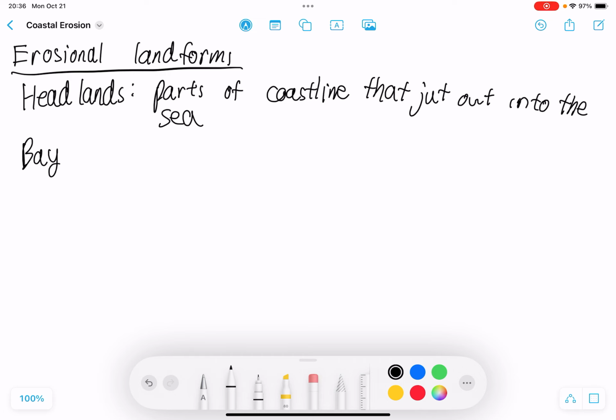And bays are the beaches we go to, the parts of the coastline that go into the land. So notice that headlands and bays are all part of the coastline. You can say that this entire coastline consists of headlands and bays.